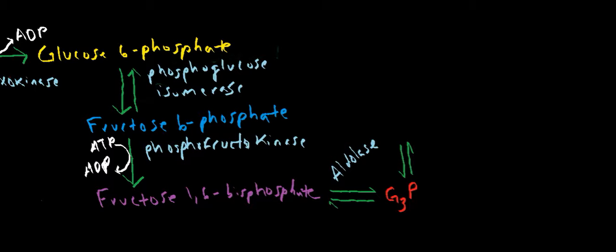But I will write DHAP because that's also an intermediate in glycolysis. The enzyme that catalyzes the reaction from G3P to DHAP is called triose phosphate isomerase.